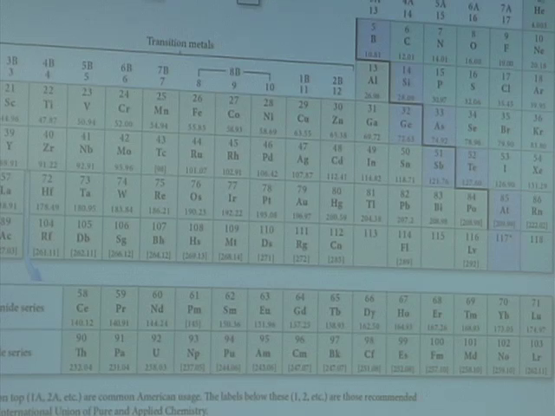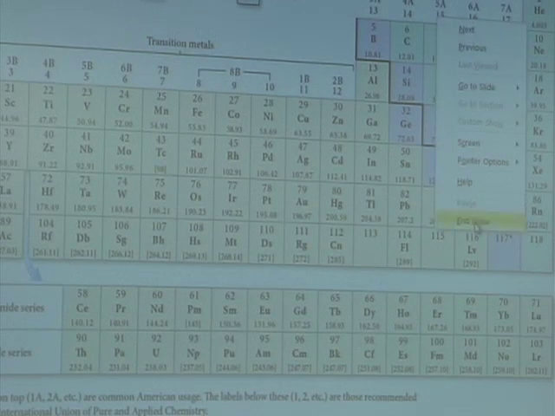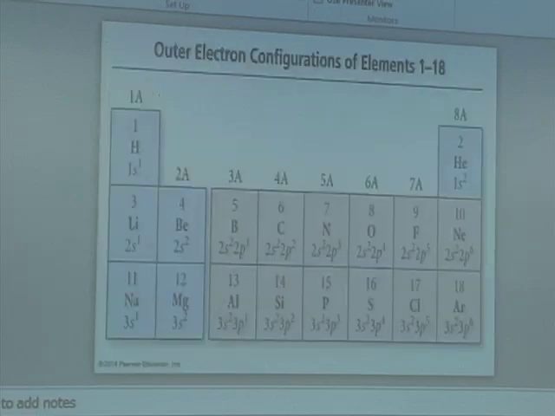And of course, the 8A are the noble gases. So the outer electron configurations, and a new way of referring to them now is 1 through 18. But the old way when we learned this several decades ago, we would say group 1A, group 2A, group 3A, 4A, 5A, 6A, 7A, 8A.